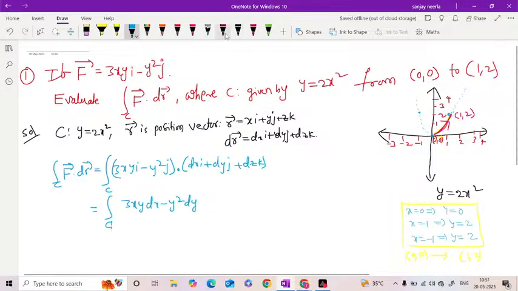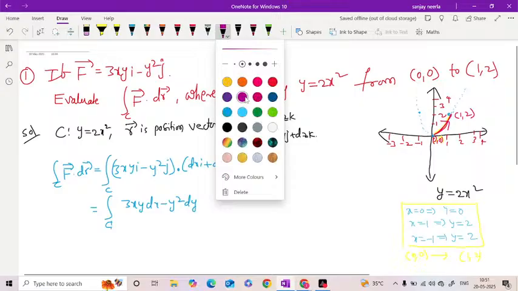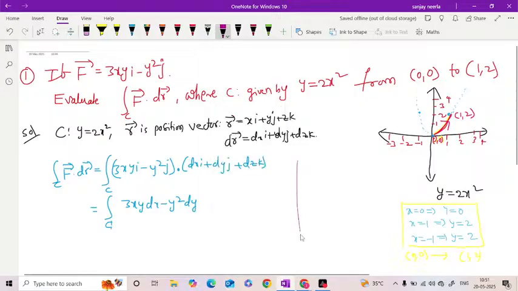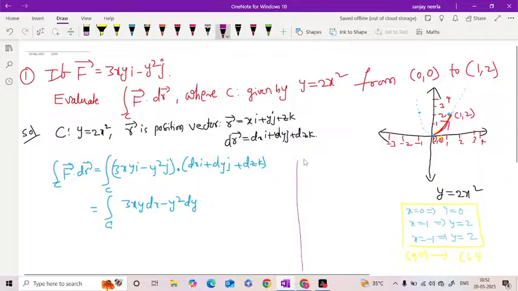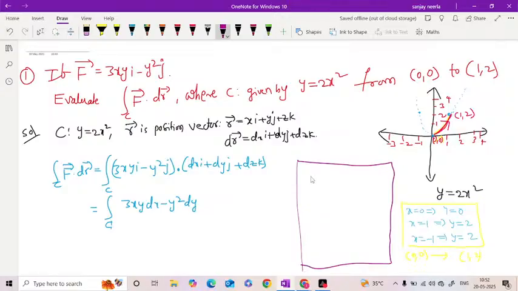But according to the given question, what is our curve? The given curve is y is equal to 2x square. That means you can easily transform into only the variable x, or into only the variable y. From this problem, we can easily convert into x. That is very simple.